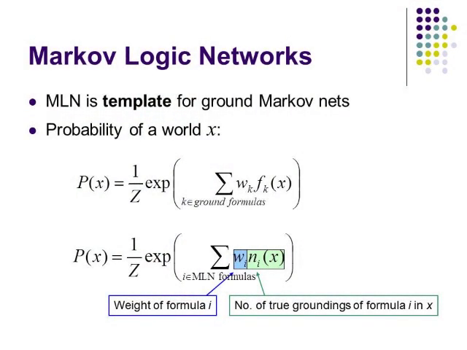Now this is equivalent to this new formulation, which is the last equation here. Note that Wk is the same across all the groundings of the same formula. So what I am doing is adding up the weight for a particular first order logic formula as many times as there are true groundings. Fk(x) is true whenever the formula is satisfied, right?